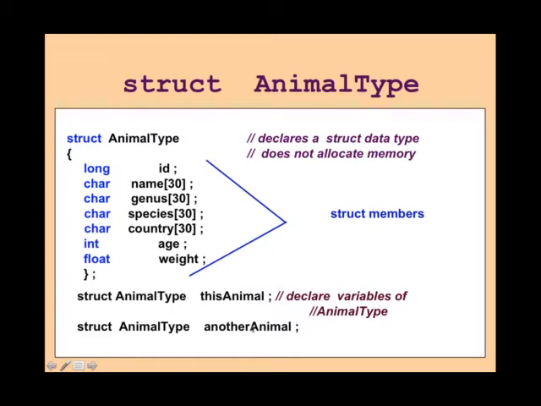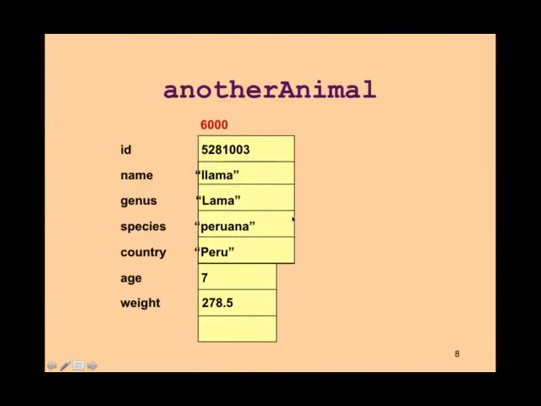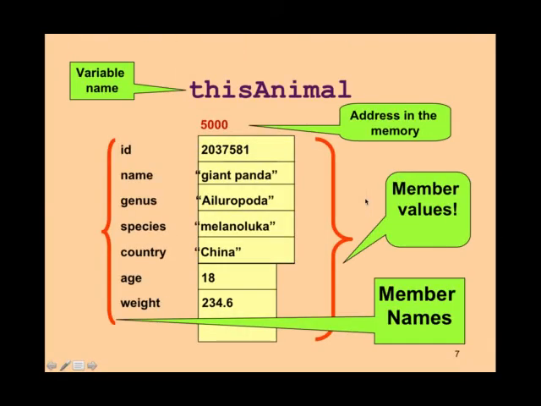These do have a location in the memory. They consume the memory, not this one. So if I do those two declarations, then another animal could look like this, and this animal may look like that after filling the data.